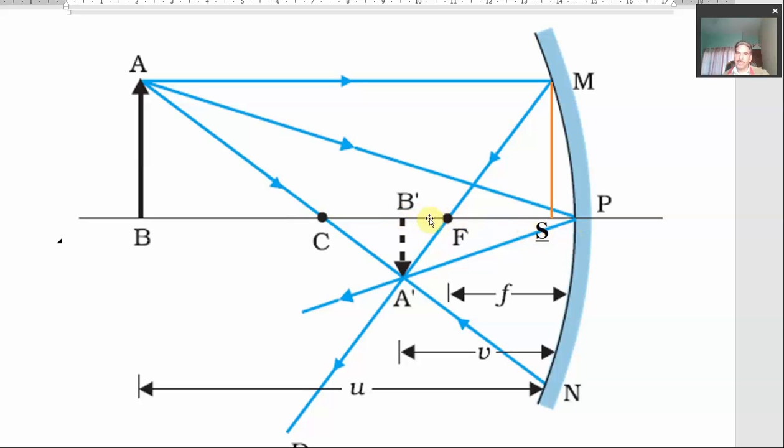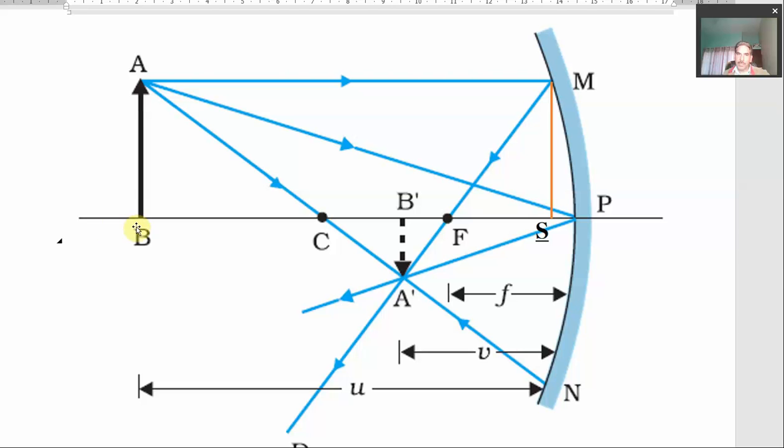So p b dash, the 0 is to be placed here, and distance is being measured in this direction which is opposite to the incident ray, so this will be negative. So it will be substituted as minus v, rather than v, we substitute its value with a minus sign.